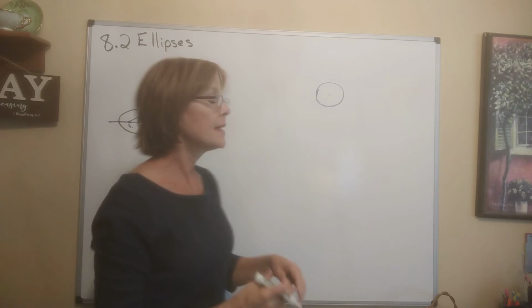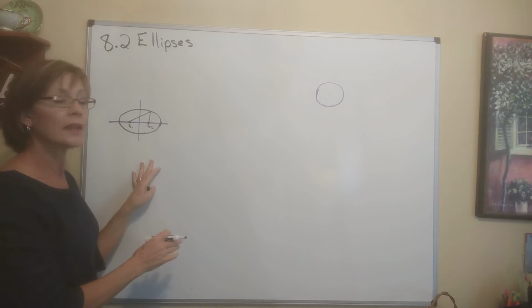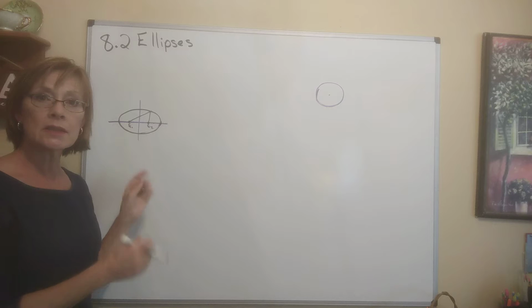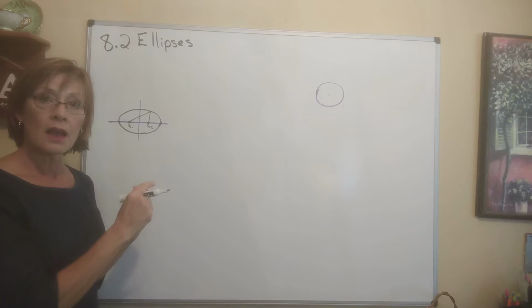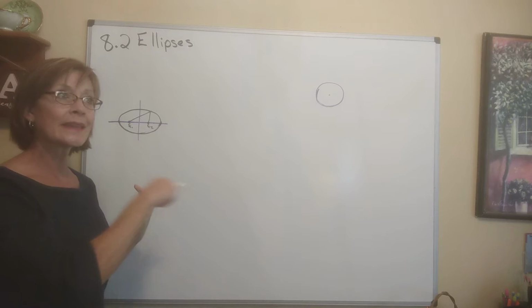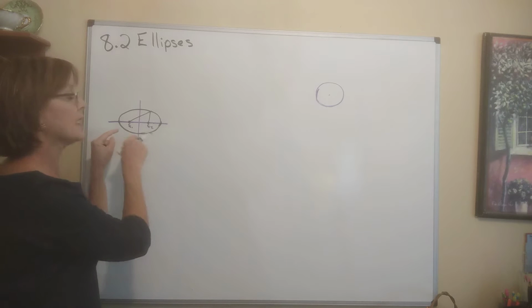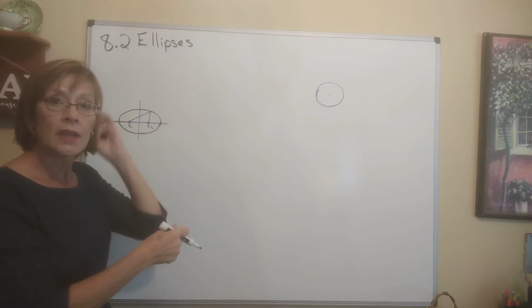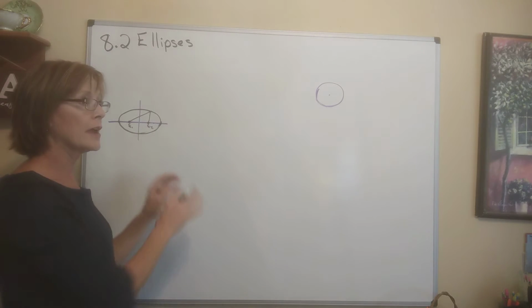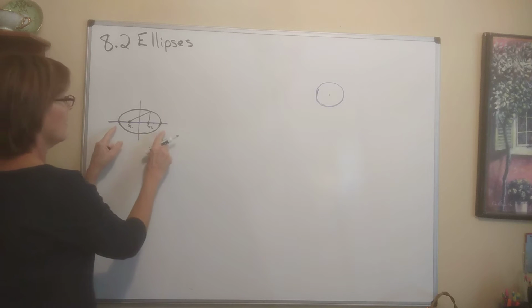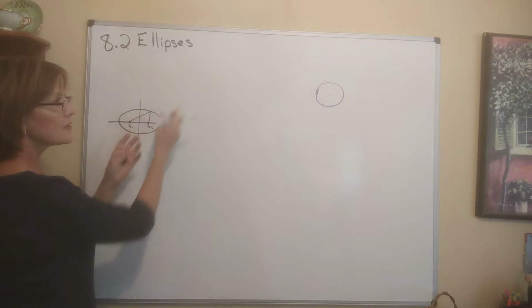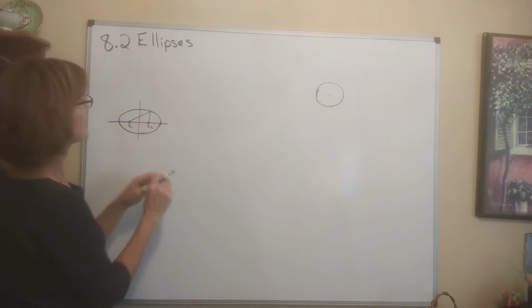Okay, right here is an ellipse, and I just happened to orient this one where its length is longer on the major axis. The longer axis is horizontal. It could also be oriented any other way, but this is how it's defined in terms of distances.